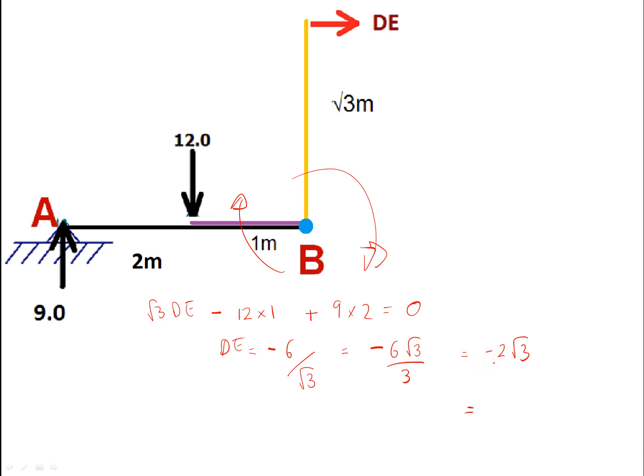Let's grab my calculator, 2 times √3. So that gives me a value of 3.64 newtons.